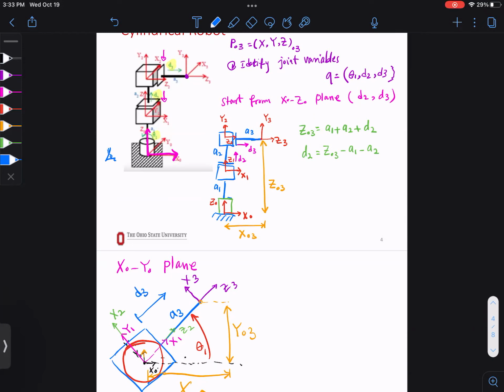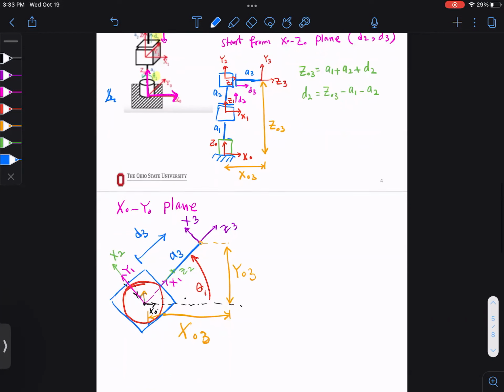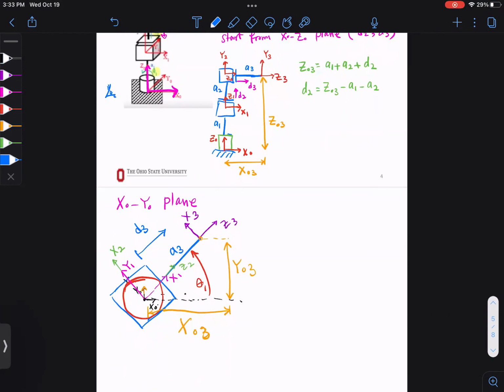Now D3 is a joint variable. A3 is a fixed link size. All right. If you need to put a star to show the difference, go ahead and do that. Now I have everything converted. Now I need to find relationships where my joint variables will appear. So can you think of any?